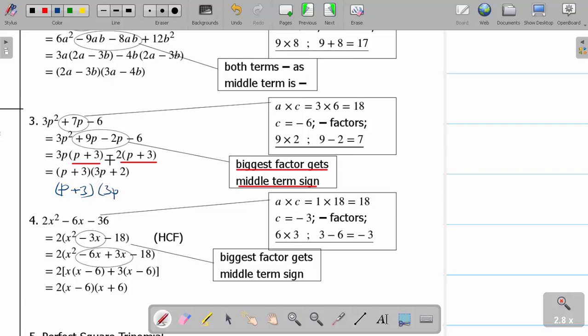Now look at the sign here, this is minus 2, it must be minus 2 here, not plus 2. That's why it's not correct, okay? Alright, so this is our answer here.